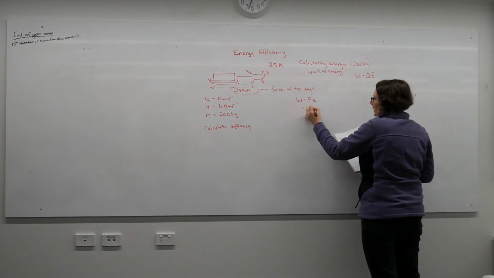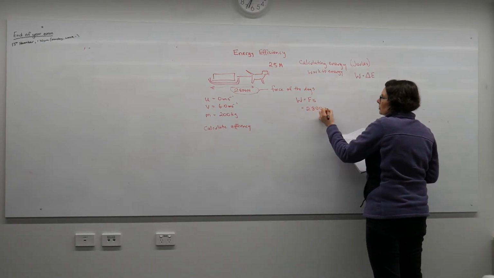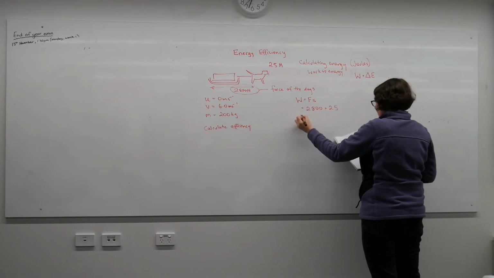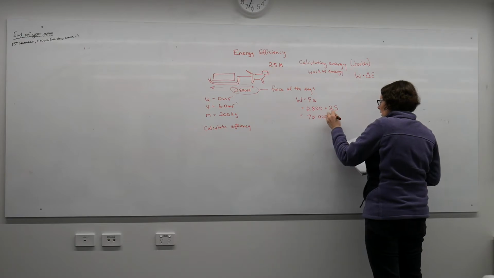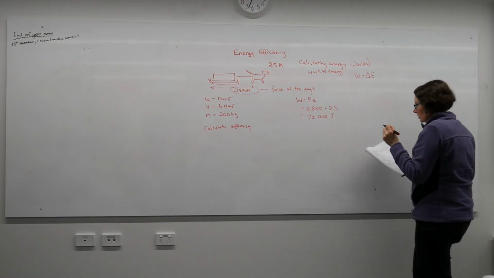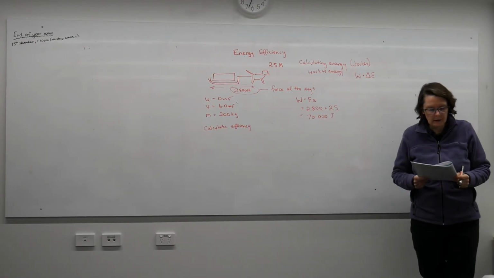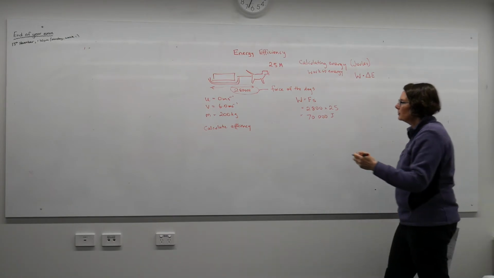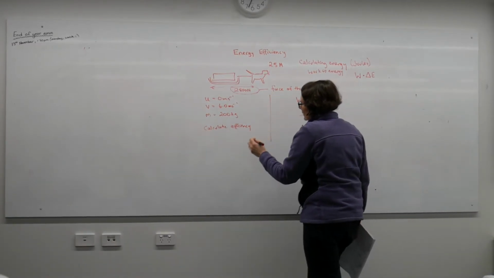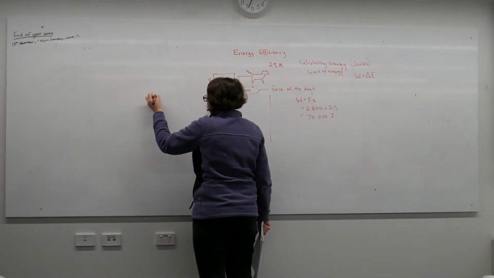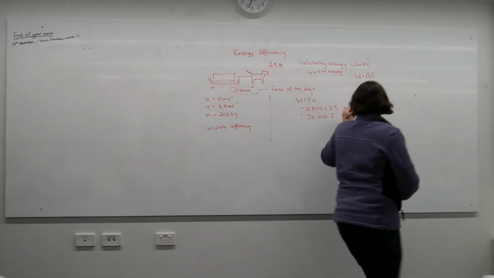So we have 2,800 newtons multiplied by the 25 meters. So this is how much? 70,000 joules. That's the work done by the dogs. But what did we see from the sled?